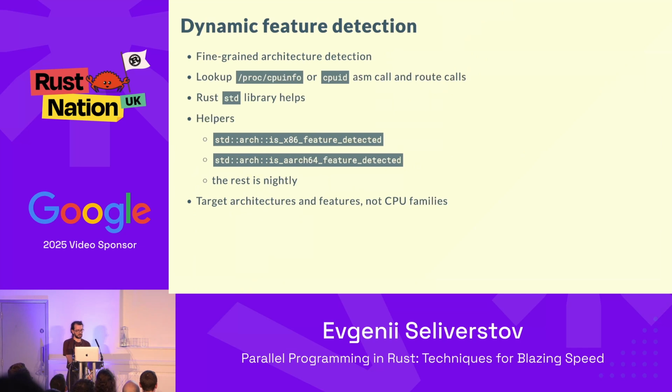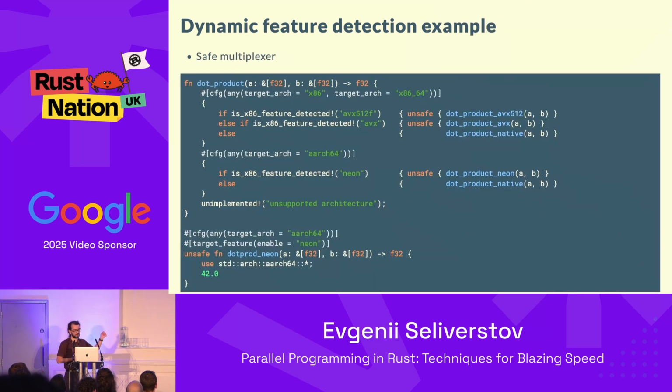So for this, we need to go with feature detection. It's a really common practice for portable binaries. So we can have helpers. We ask the system we're executing on, do you support this particular feature, like AVX? And we can target our code for multiple architectures at the same time. And we can have a multiplexer.